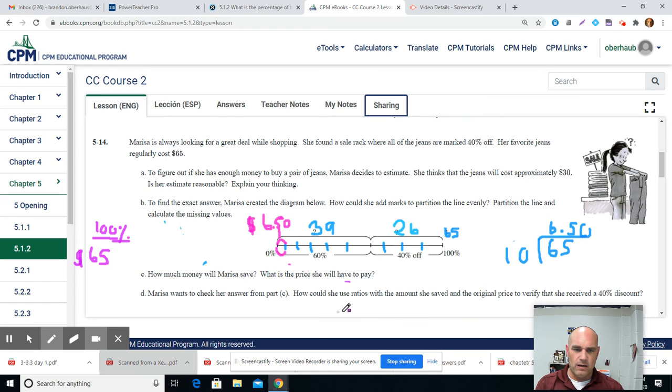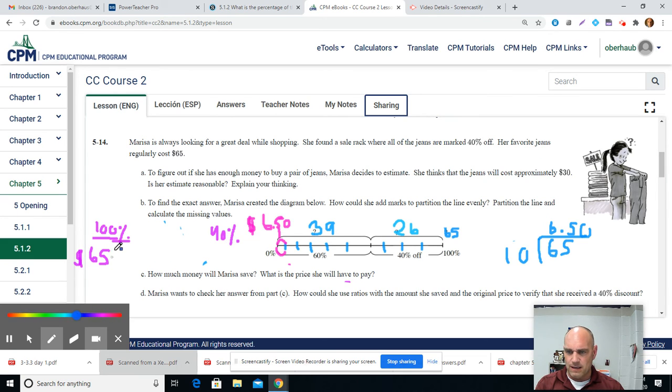And to verify that she received 40% off, let's make sure 40% off is correct. So I want to somehow get myself to 40%. So that's what I want to work myself to. How can I get from 100% to 40%? I guess here's what I would do.